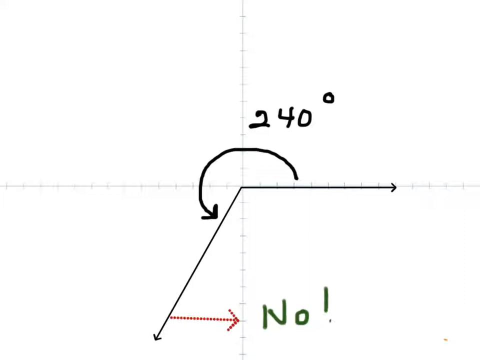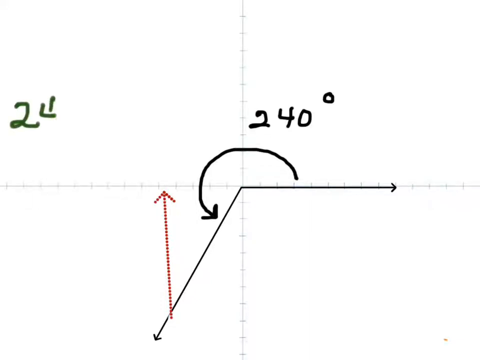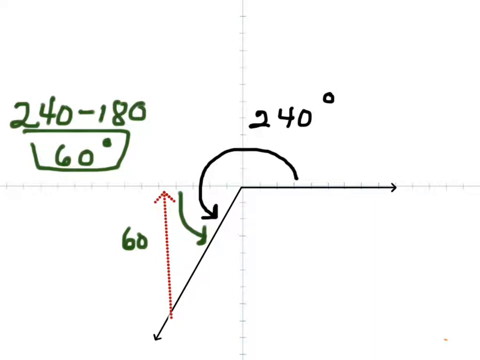Never the terminal side to the y-axis. When the terminal side gets close to the y-axis, that's what people tend to do. But no, that's not right. It is to the x-axis. So how far is it from 240 degrees back to the x-axis, which would be 180? Well, it would be 240 minus 180. So our angle here is 60 degrees. So the reference angle for 240 degrees is 60 degrees.